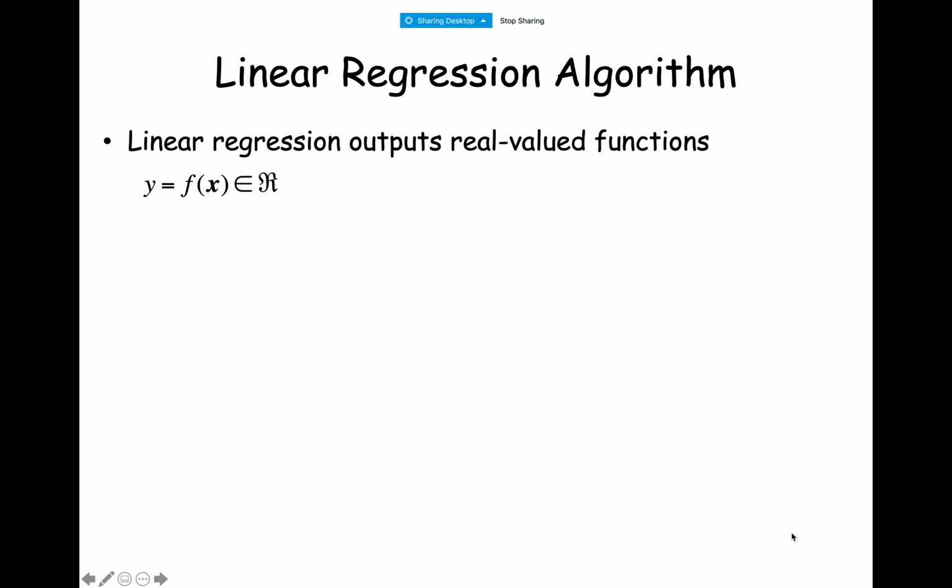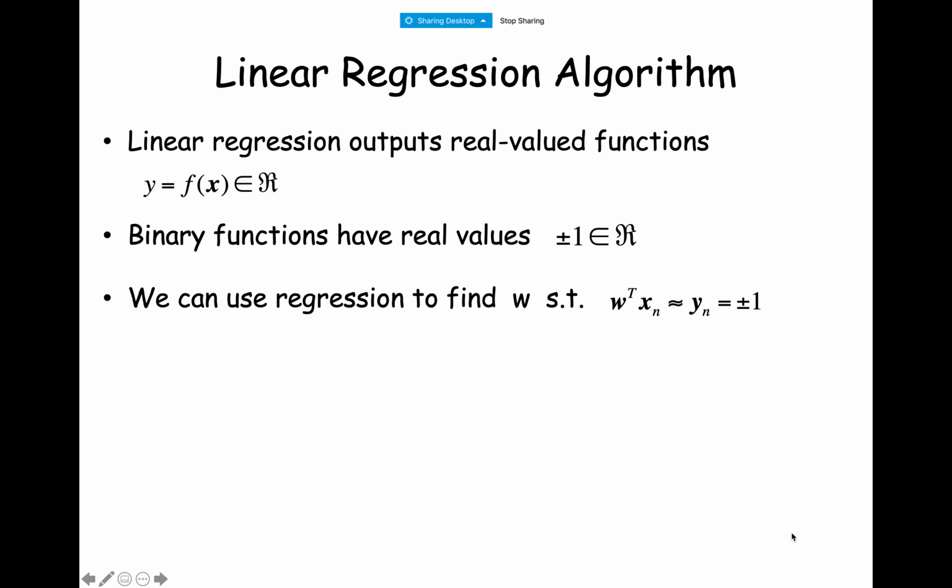So linear regression outputs real valued functions. Each one of these y values assigned by the ground truth target function is drawn from the set of real numbers. Okay, well, if you have a binary function from classification, we said at the outset that it can be a +1, -1, a y value representing the positive examples or the negative examples.